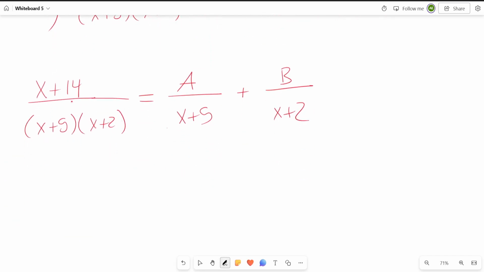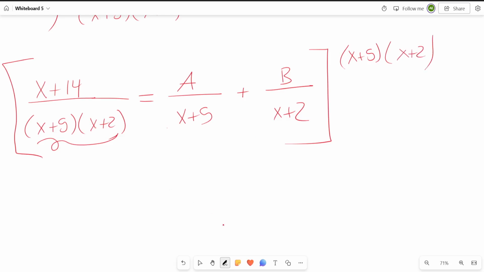Let me try multiplying everything on both sides by these two. So multiply everything by x plus 5 times x plus 2. So I know that when I multiply this left side by x plus 5 times x plus 2, this and this are going to cancel.